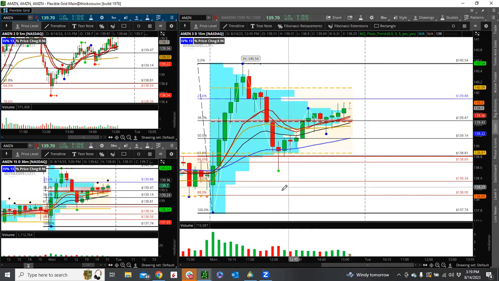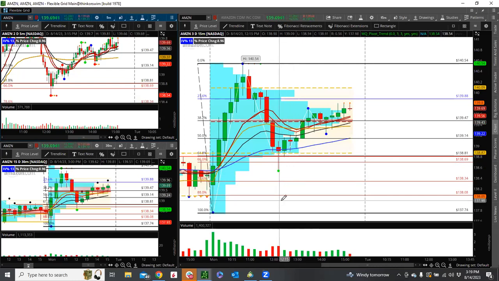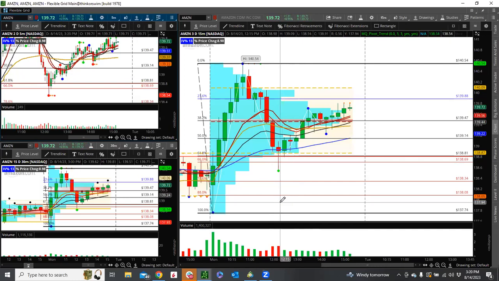Now my stop was way down here, 137, what did I say, 84, right? Down here. So when this candle closed, I'm watching this on a 5-minute and a 15, and of course the 30 here, but primarily what I was looking for was, because this was the perfect hammer to get filled on.